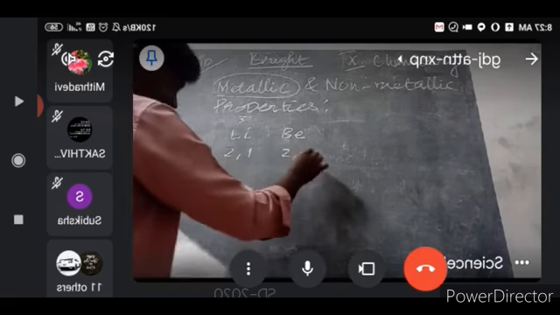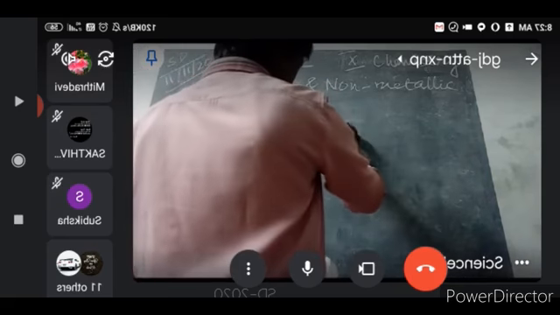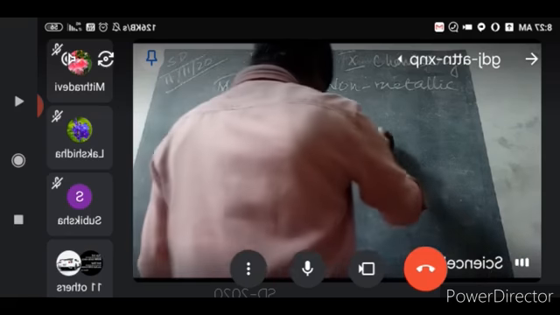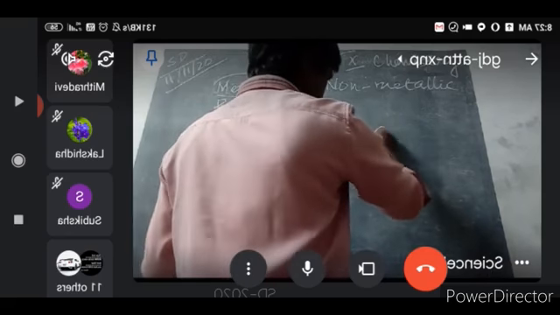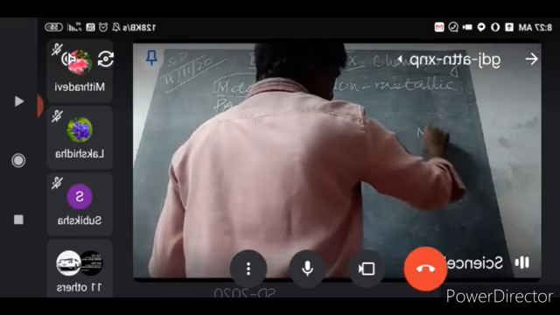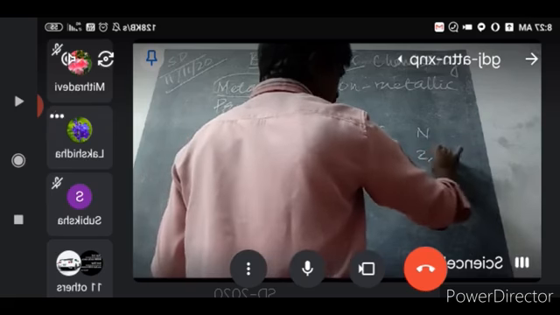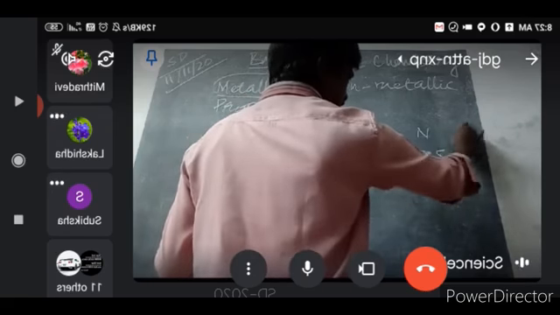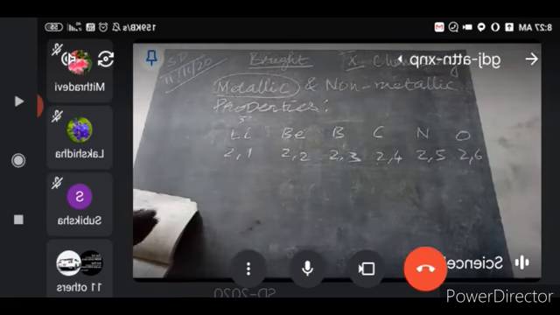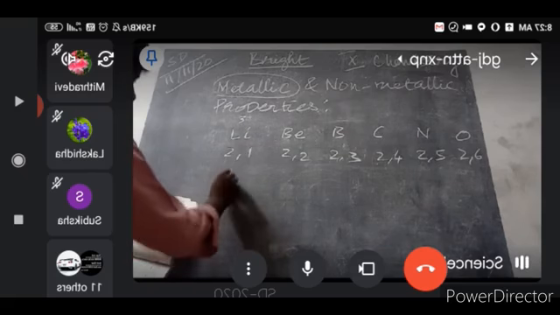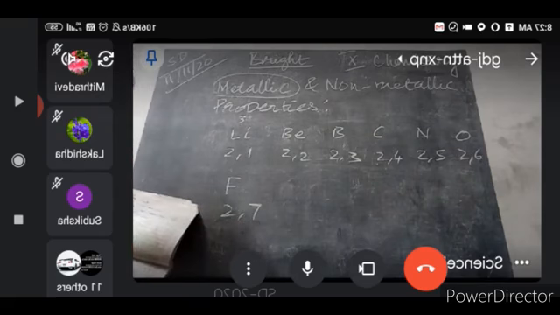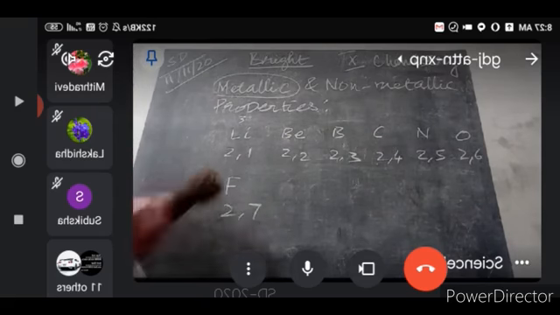Boron 2,3. And then carbon 2,4, nitrogen 2,5, oxygen 2,6, and fluorine 2,7. Up to here we can stop.